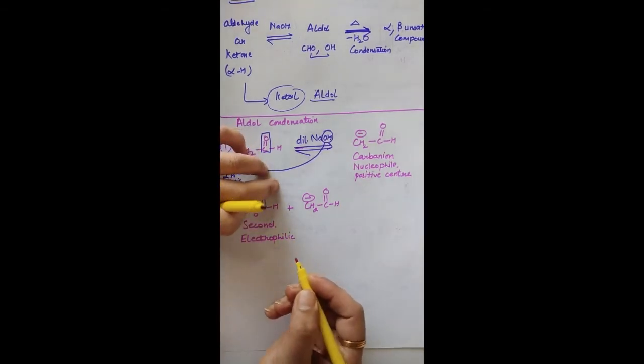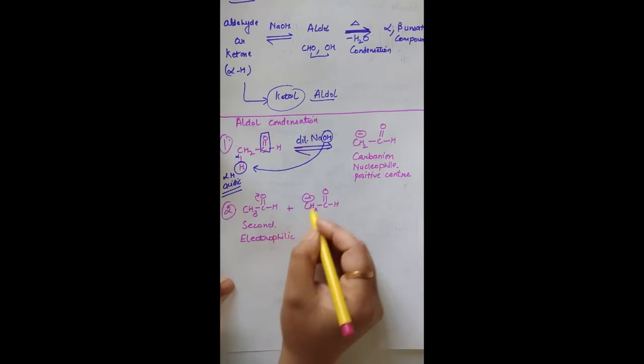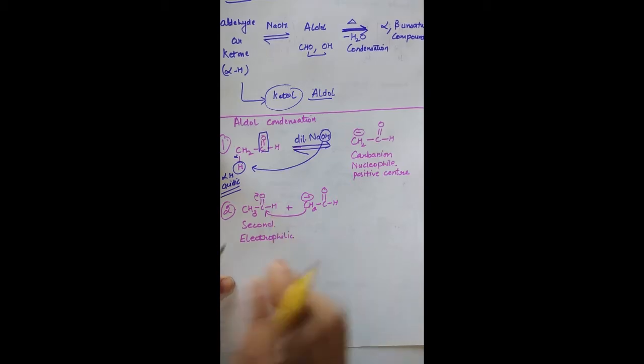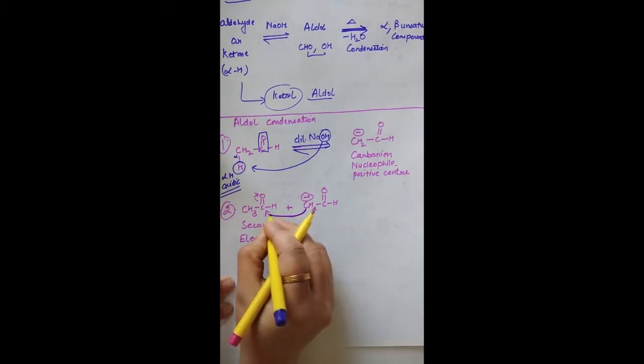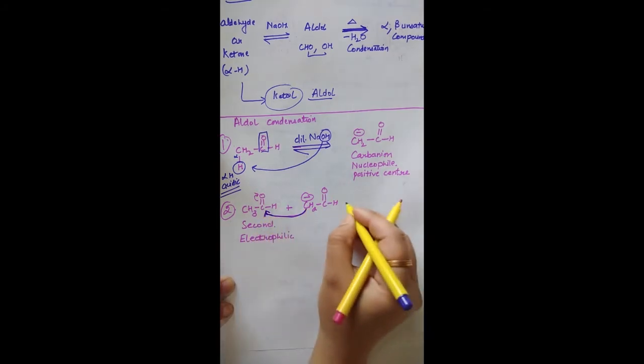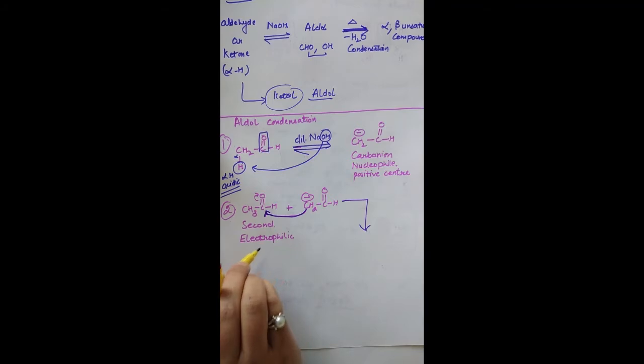Because of the presence of the electrophilic carbon, this carbon will get attached to this one. So it will get attached to this carbon because it has a partial positive charge.